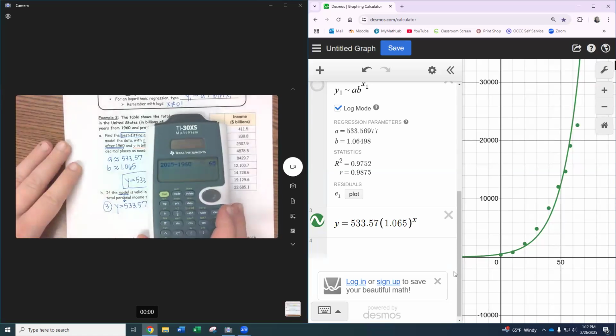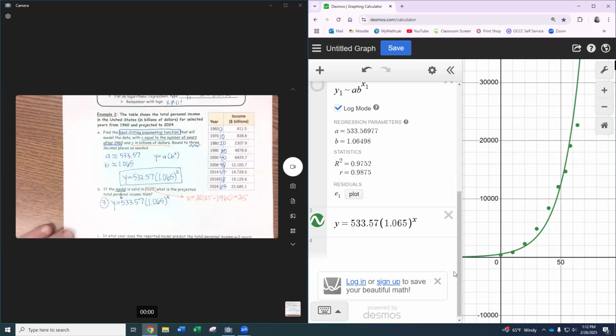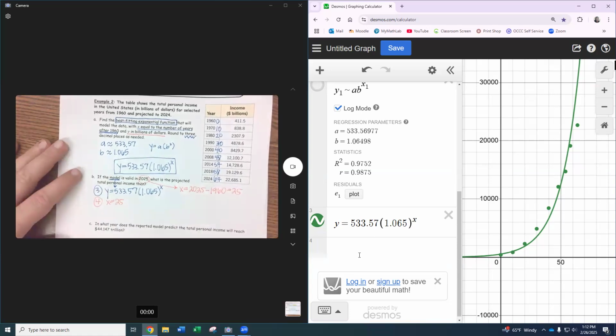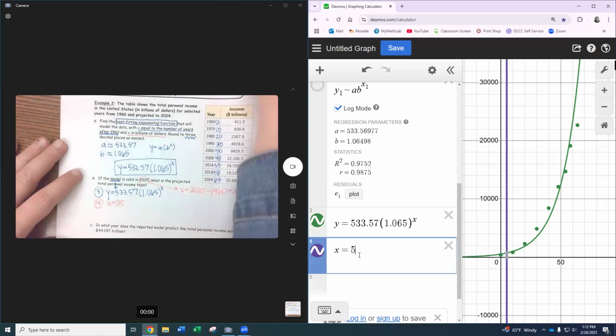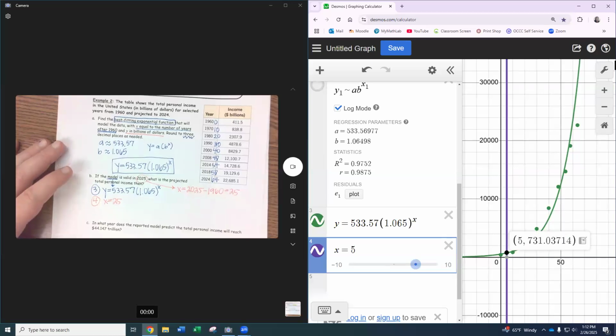And that gives me 65. Okay, so now in line 4, we'll do x equals 25. And we get an intersection point.